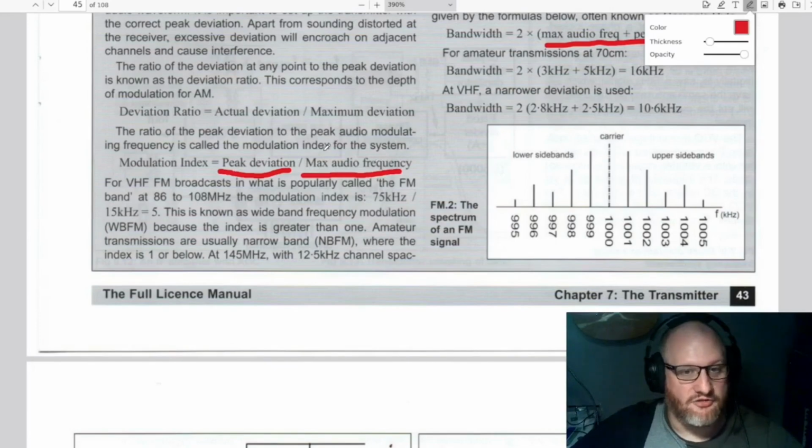In a way it's telling us the range of deviation that is required to encode the bandwidth of audio frequencies that we want to transmit.